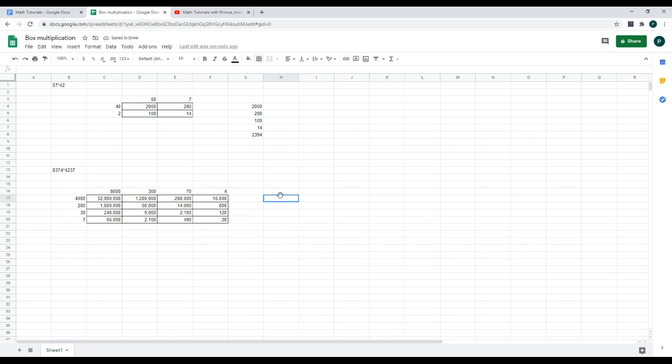Now comes the long and tedious part. First, we're gonna add all the small numbers together. So first, we're going to add the 4 column. The total in this entire column is 16,948.